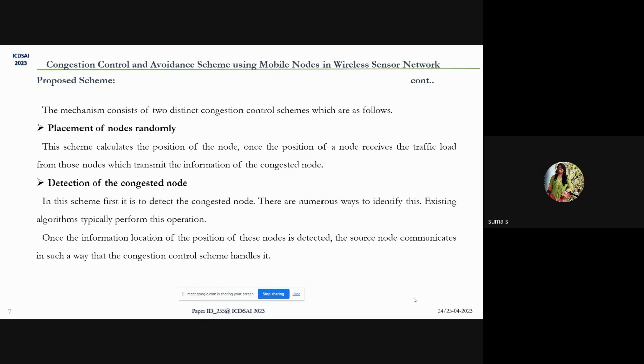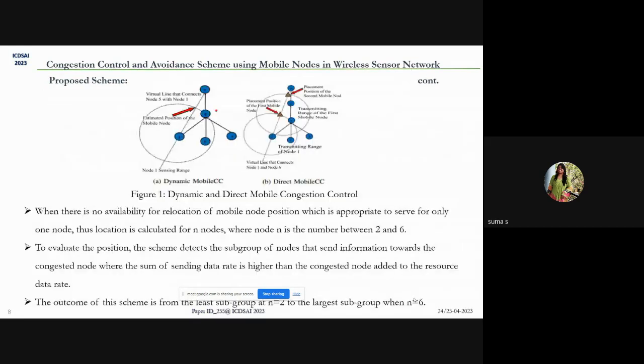Here we first detect the congested node. Once we detect the congested nodes, based on the information of the previous node location, the position is detected and the source node communicates in such a way that the congestion control scheme handles the congestion.